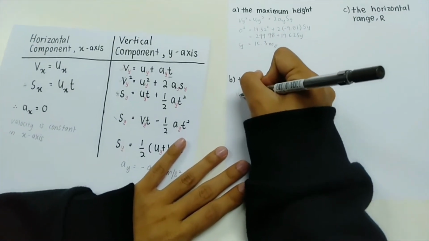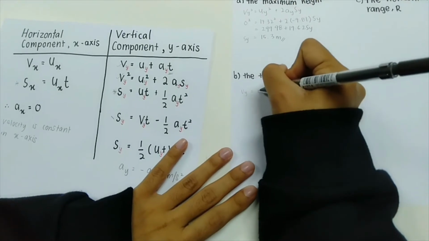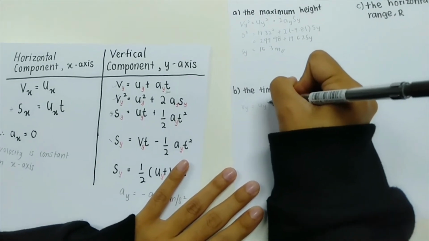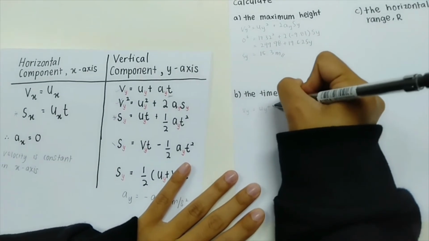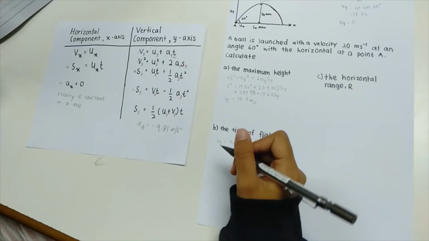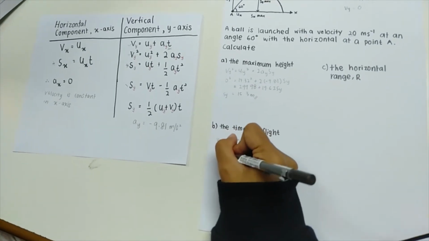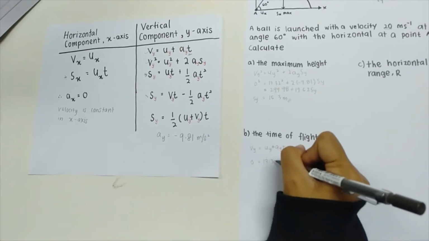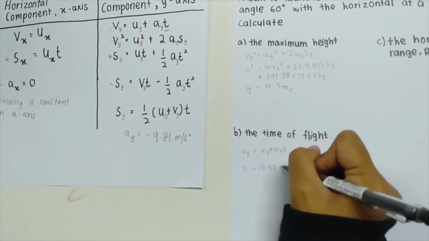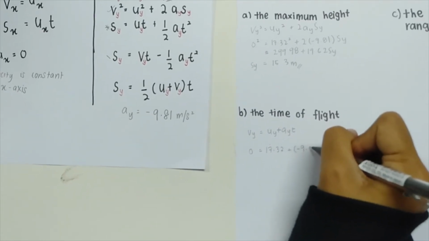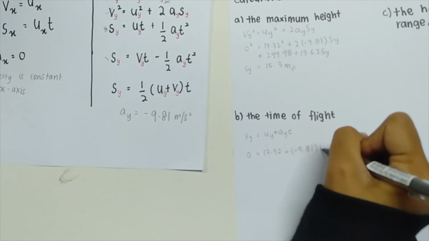So let's copy the equation: Vy equals Uy plus a t. Vy equals 0, Uy is 17.32, plus negative 9.81 t.